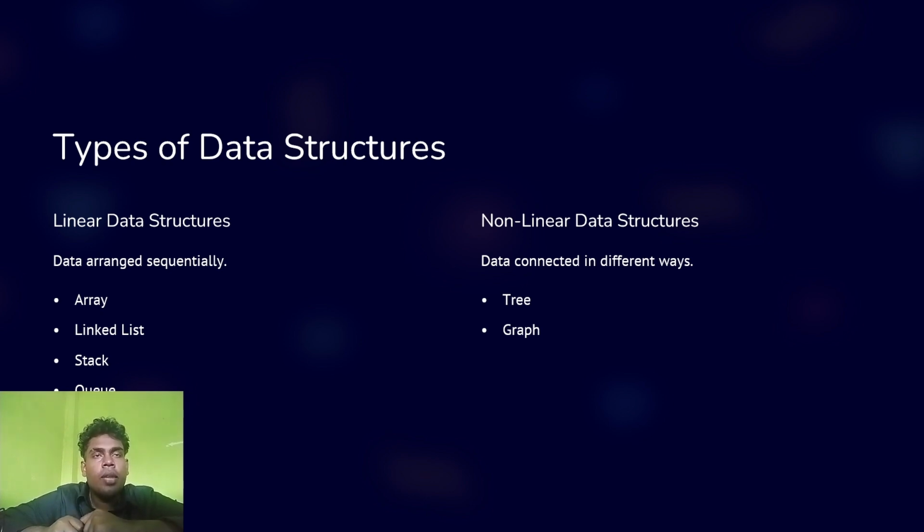Did you understand? There are so many boxes in a train, and each box has an item. So an array is like a train. And the next one, a linked list is like a chain, where each link connects to the next one.